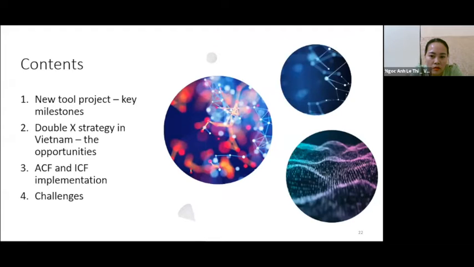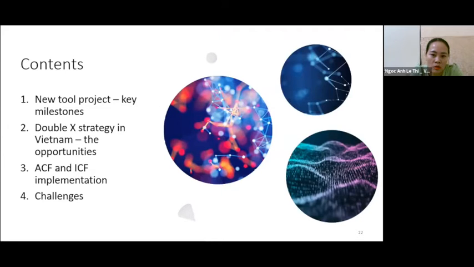There are 4 key pieces of information that I'm going to share in this presentation. The first is our preparation on implementing the new tool projects with some key milestones. The second is about the double X strategies that we are going to use in Vietnam, especially after the COVID-19 pandemic.